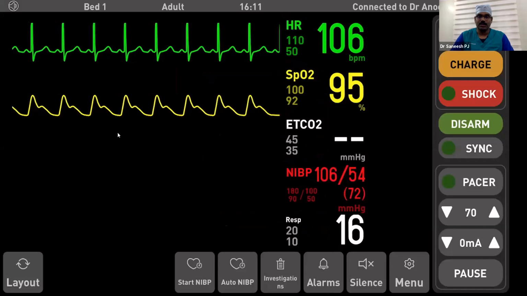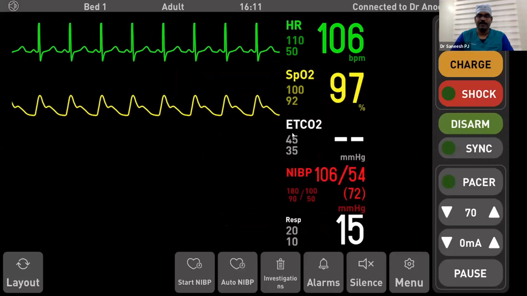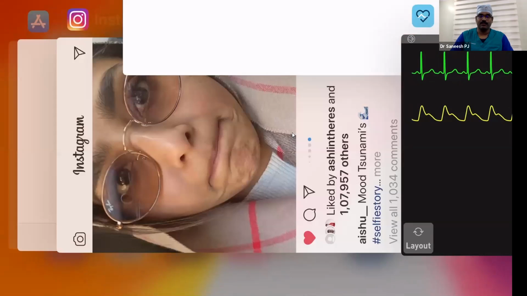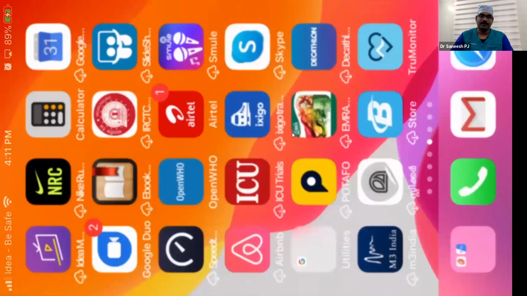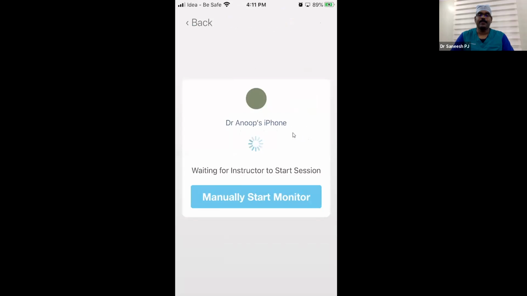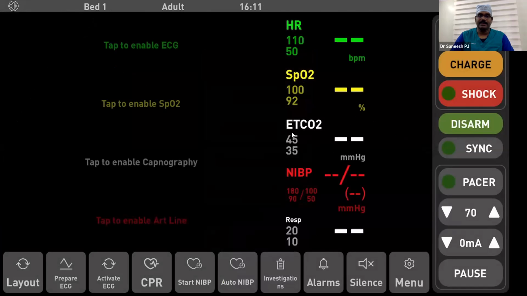Meanwhile, one shock of 200 joules and 1 milligram of epinephrine were given. During assessment, he was shown to have return of spontaneous circulation with ST-T changes on the monitor and a heart rate of around 60. Arterial line is secured. His arterial blood pressure is around 80/50.